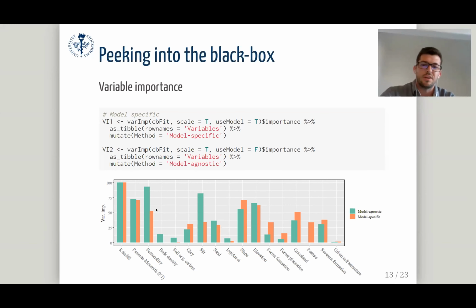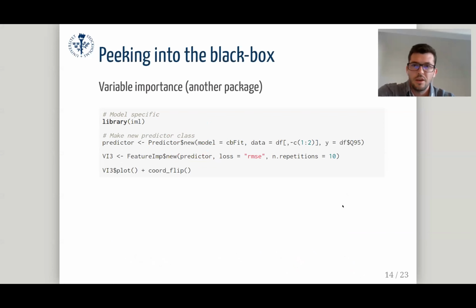It's rainfall, evapotranspiration, the seasonality index, slope, and from the land cover fractions it would be grassland, pasture, or savanna formation. And there's another package that we can also use to check the feature importance, and this package is iml, interpretable machine learning. It's pretty good, and I use it for the following explainable methods in the following slides.